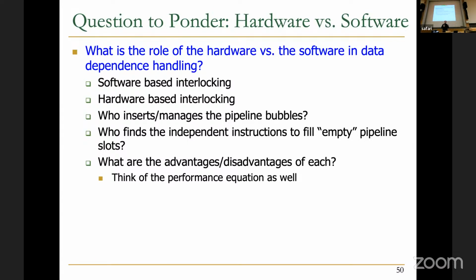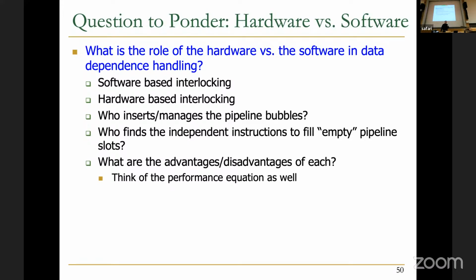If we push everything to the hardware, maybe that's not the right thing to do because your clock cycle is going to be long. And if you do everything in the compiler, that's also not the right thing to do because compilers don't know everything. So as I said, the combination of these two can be more interesting.